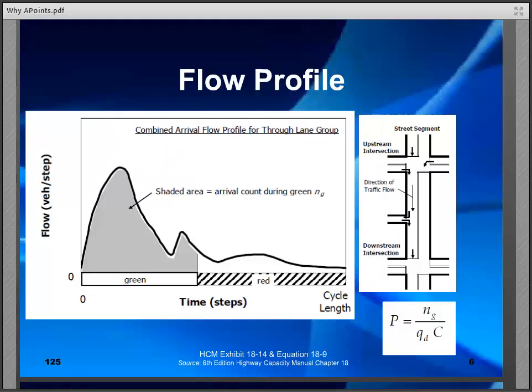But if you have access points that slow this platoon down, this big mountain starts to lean because it takes it longer to get downstream. Many more cars arrive on the red. And if it breaks it into pieces, not only does this lean, but it breaks up even more and more cars arrive on the red. So the influence of access points on the proportion arriving on green can be very, very significant.